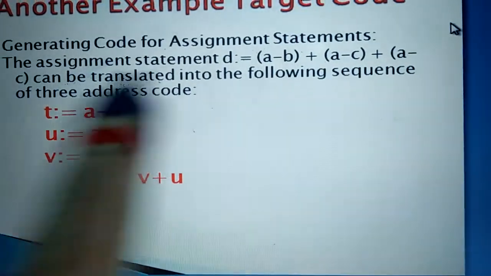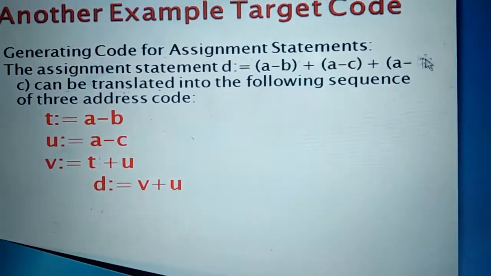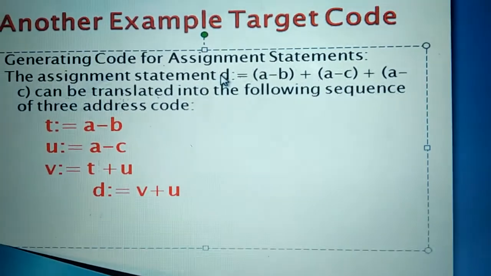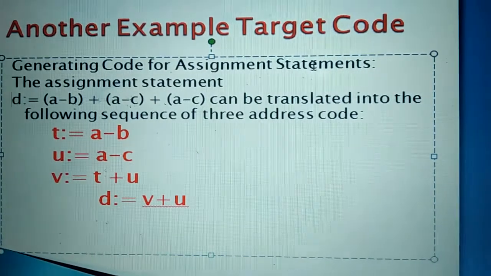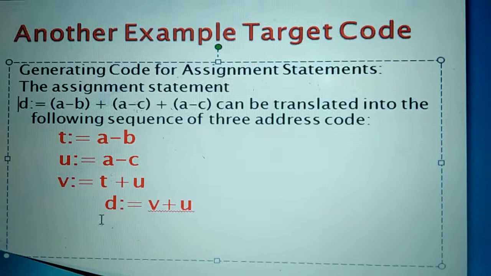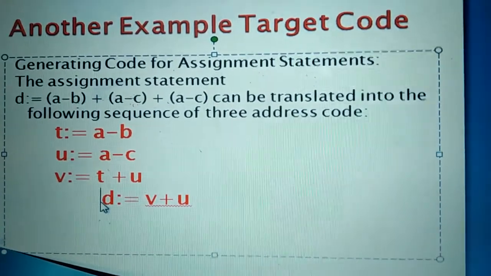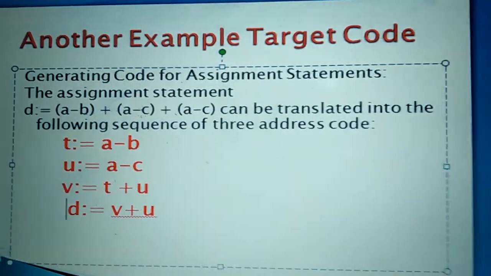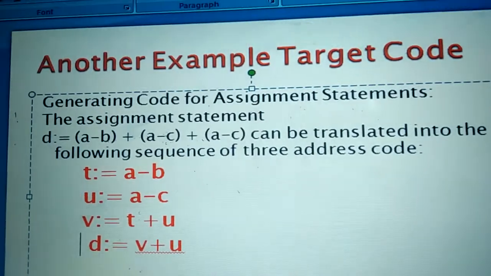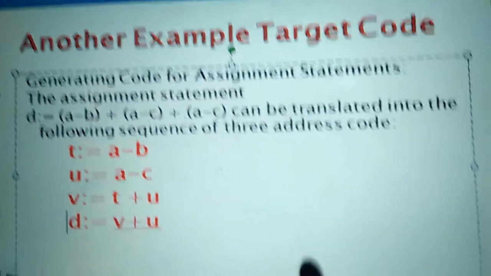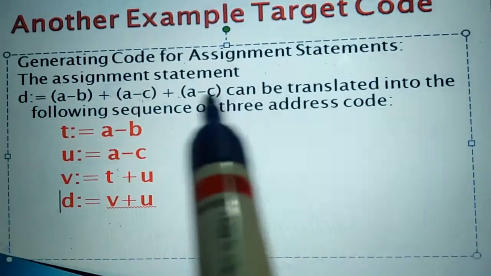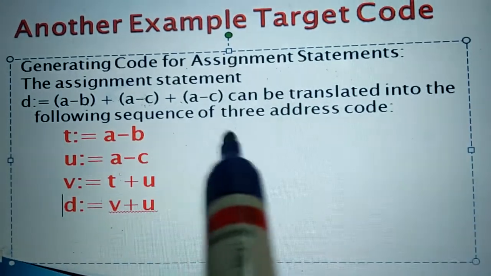Again further v is added. This is how it looks, and how it can be translated into the three address code. We have a given expression, and this can be translated into the following sequence.